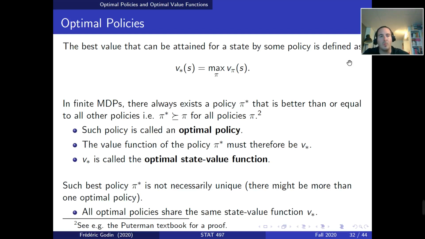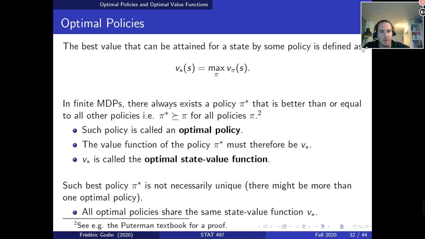Now we will define V star, which is the function characterizing the best value that can be obtained in a given state.